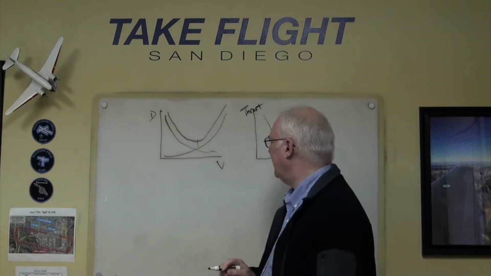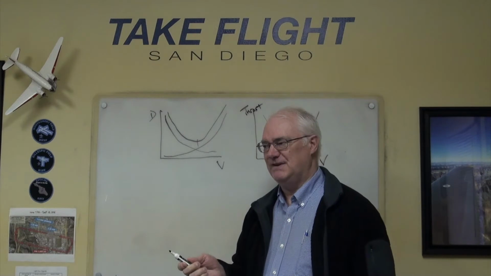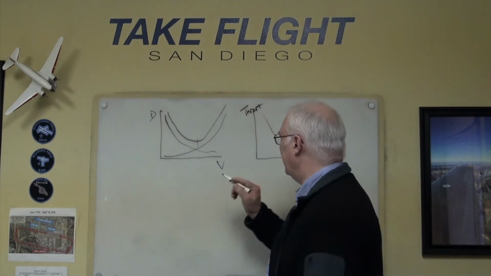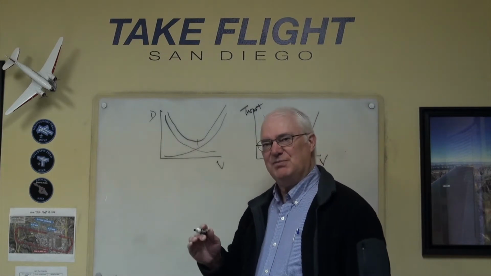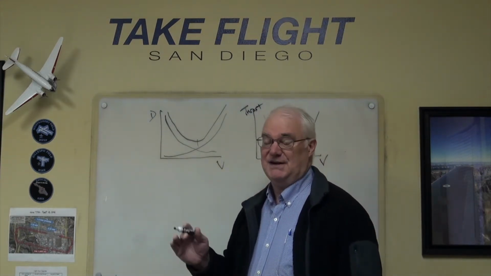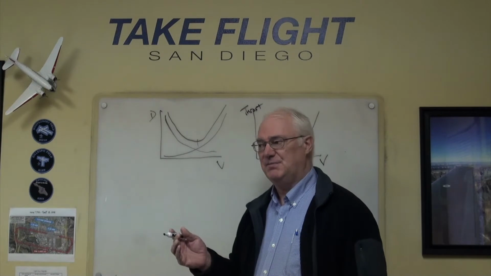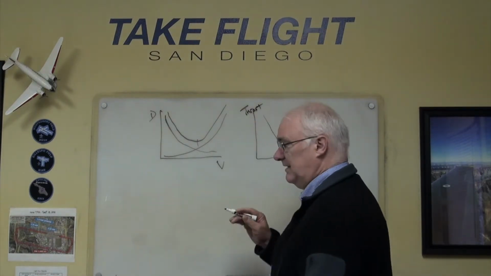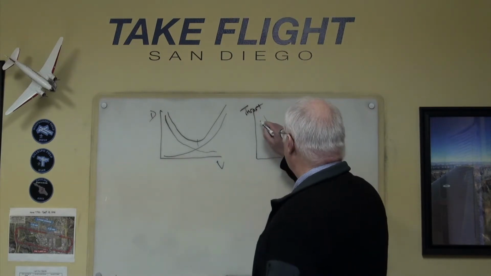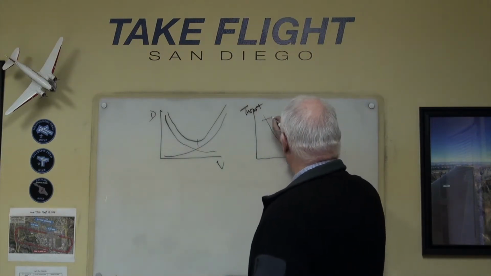Now, how about the engine? How much does it put out? The amount of thrust your engine can put out varies a little bit, and it depends on a constant speed prop versus a fixed pitch prop. But generally, it'll look something like this.